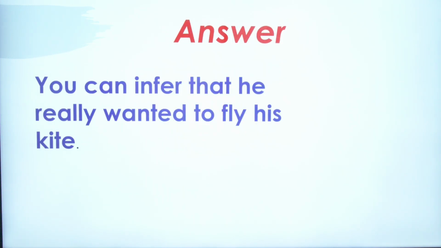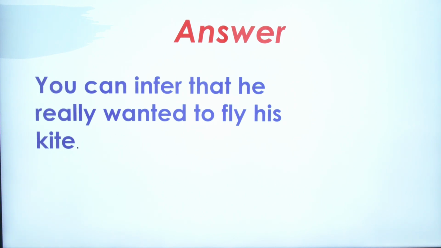You can infer that Justin really and truly wanted to fly his kite. If he didn't want to fly his kite, why would he throw it down? And based on the weather condition and all that was happening, he was extremely upset.